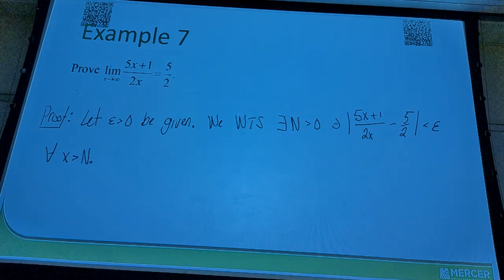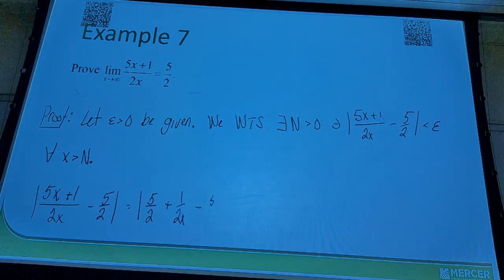Absolute value of f of x minus L less than epsilon for all x greater than n. Can't you write (5x plus 1) over 2x as 5 halves plus 1 over 2x?